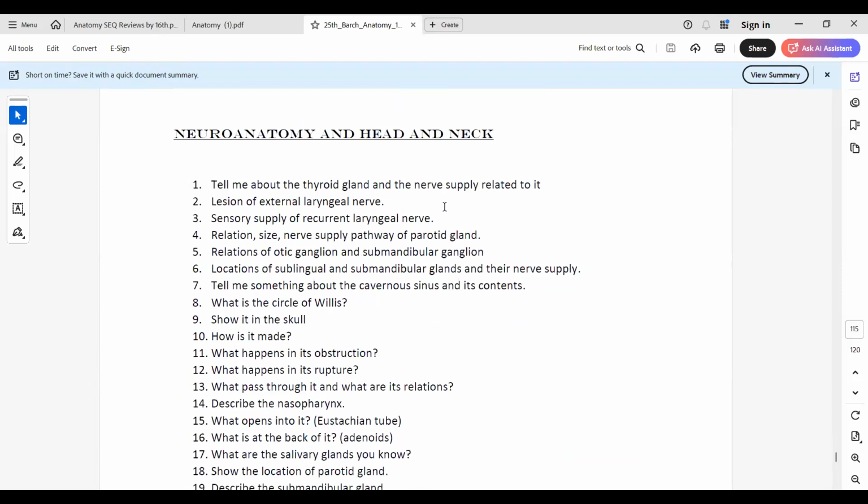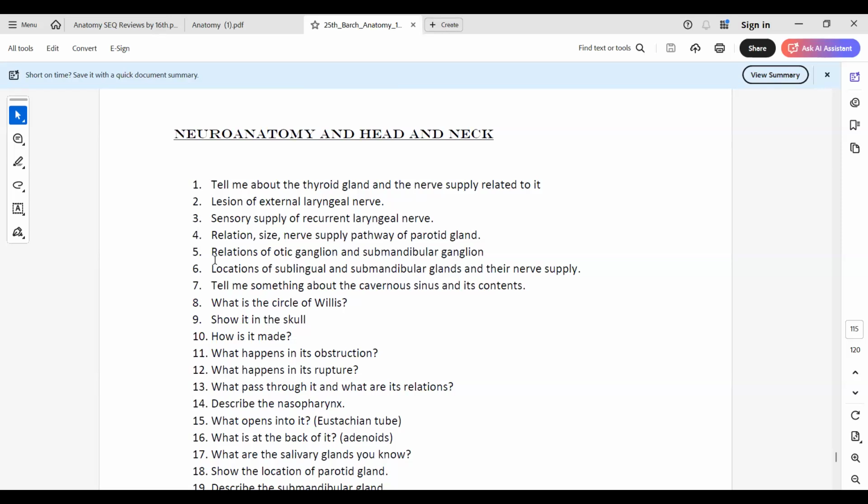And sometimes they ask these kinds of things. What is the circle of Willis? Then you have to explain, starting with your introduction: the circle of Willis is an arterial complex for the blood supply of the brain, and it is composed of the following.